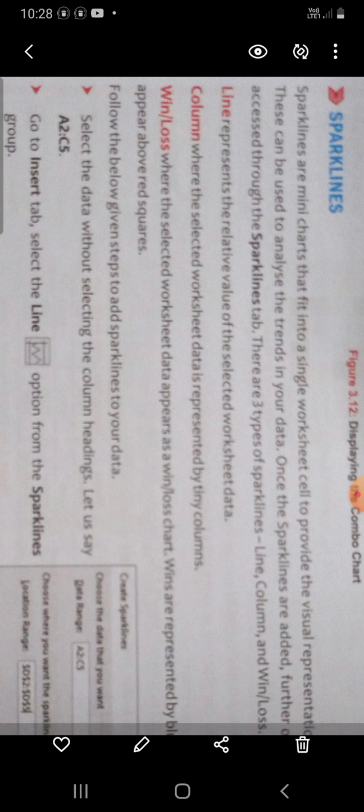In the set cell text box, define the cell address E5 on which the goal seek is to be applied. In this box, always refer the cell that contains the formula. That is, we can set that cell only which contains the formula.